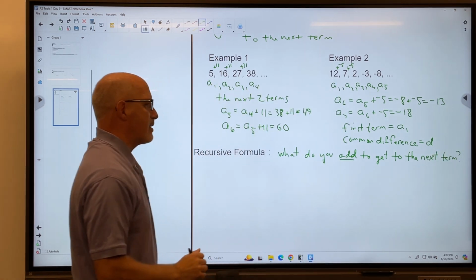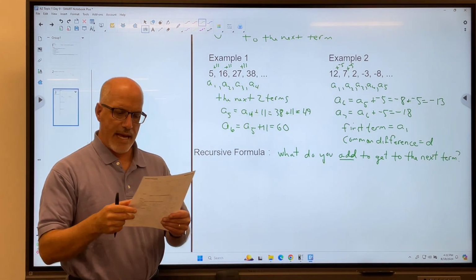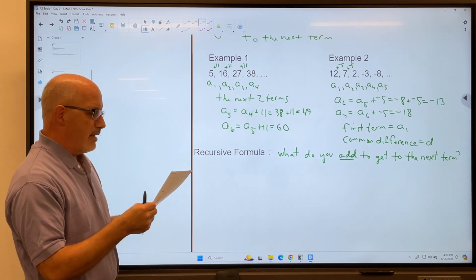That's the question we're asking with the recursive formula. What do you add to get to the next term? How we list it looks like this.